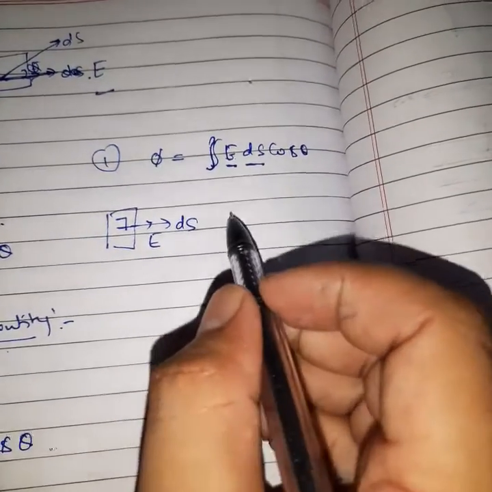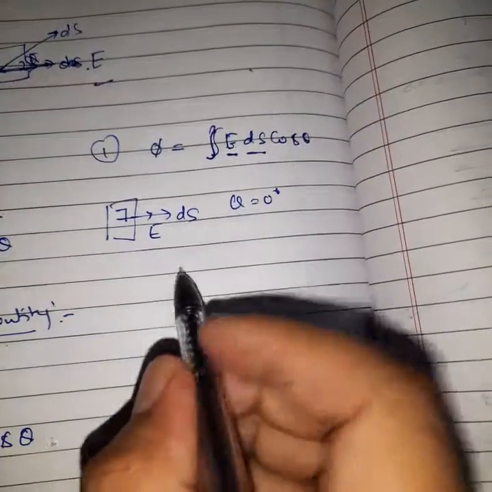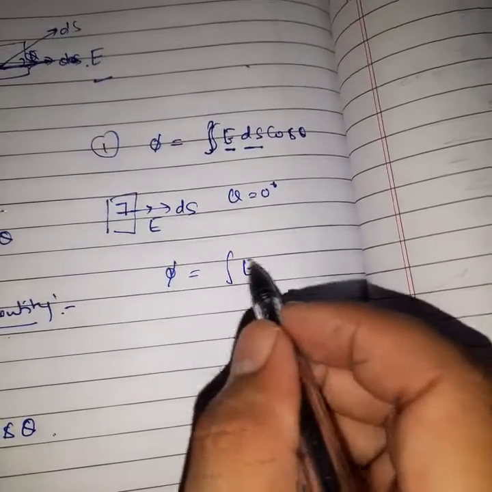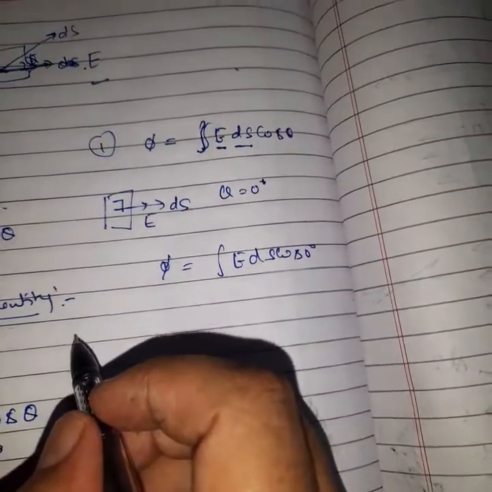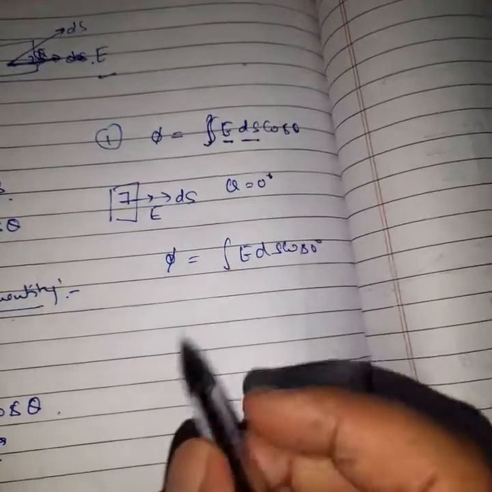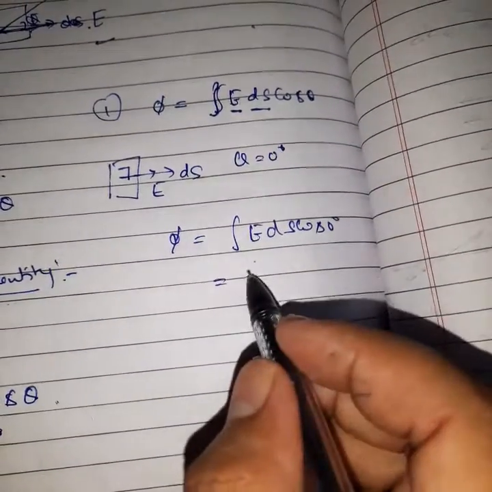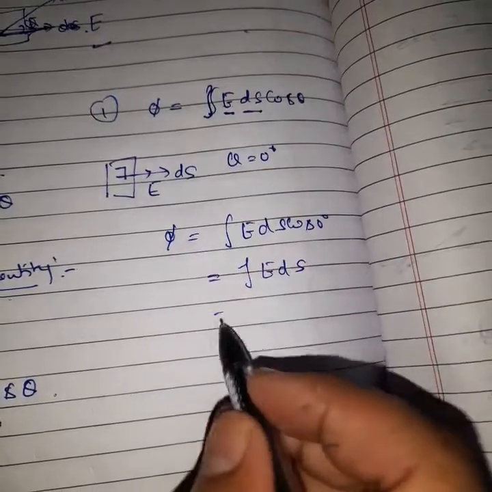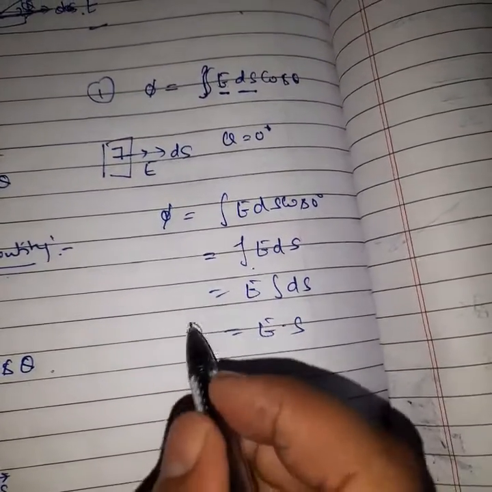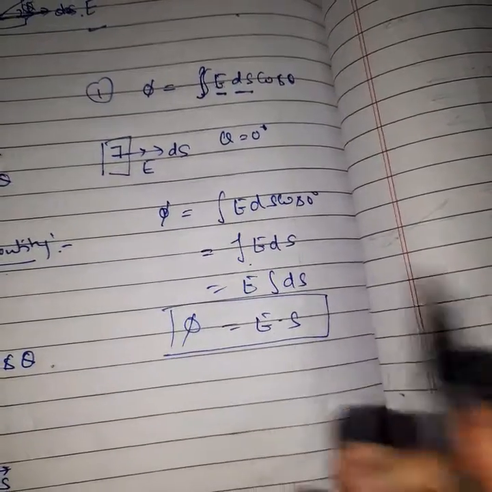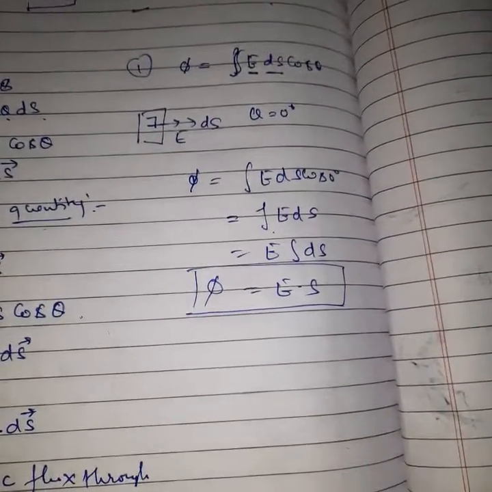The angle between them is 0 degrees. So φ = E ds cos 0. Cos 0 is 1, so E ds. E is constant, the integration of ds is S. So φ = ES, which means maximum electric flux will be there.